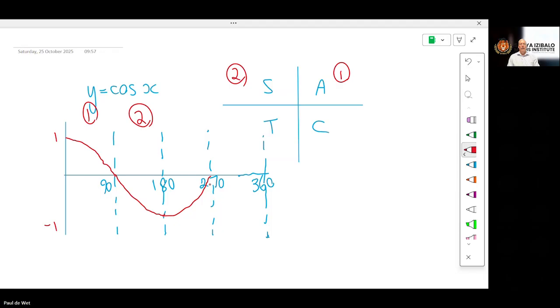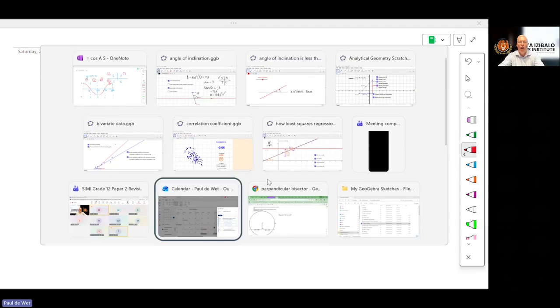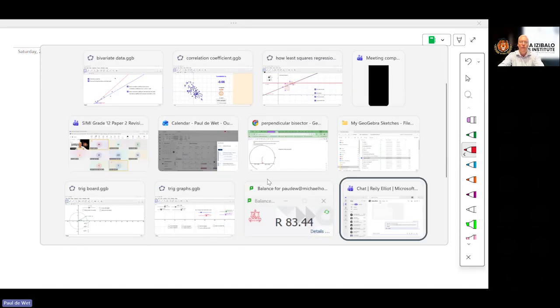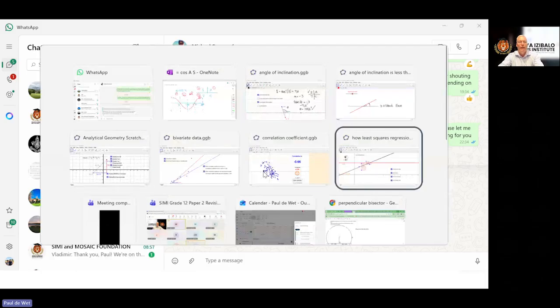Negative. In the fourth quadrant? Positive. So that's the basic shape of our cos graph. We need to know the basic shape of a cos graph, a sine graph and a tan graph. We're going to quickly remind ourselves of the transformations of those graphs.